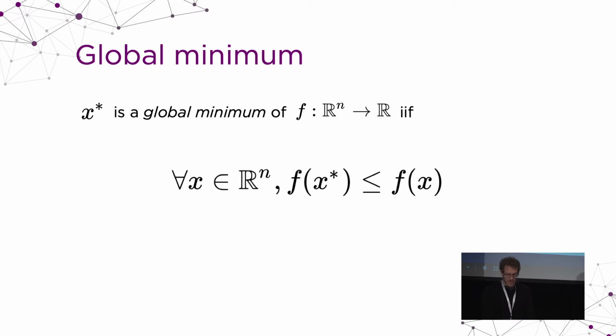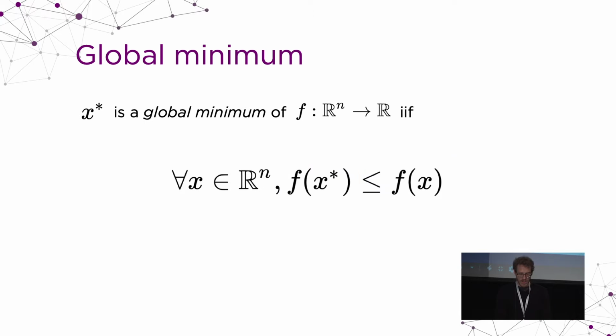So first, I will need to define what is a minimum. There was a question about local minimum and global minimum. Let's just define it here. When I use f, you can interpret it as the loss function. It's the average loss over all my training examples. This loss will take the values of the parameters of my computational graph, and I will have a single scalar to tell me, on average, whether my model is performing well or not.